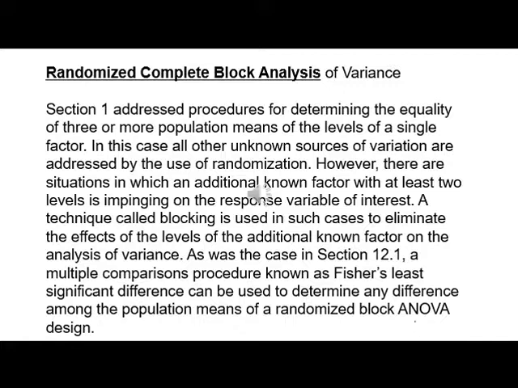A technique called blocking is used in such cases to eliminate the effects of the levels of the additional known factor on the analysis of variance. As was the case in section 12.1, a multiple comparisons procedure known as Fisher's least significant difference can be used to determine any difference among the population means of a randomized block ANOVA design.